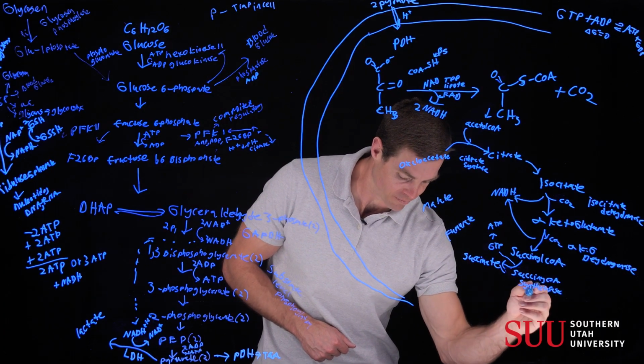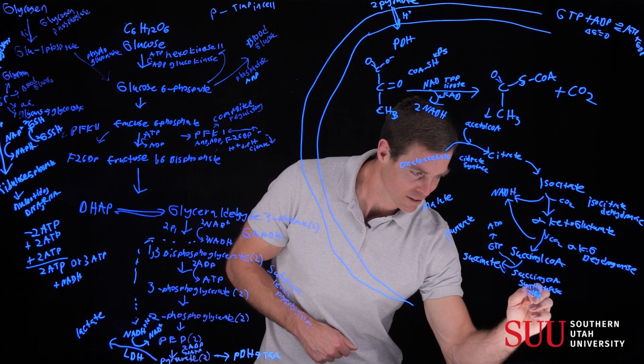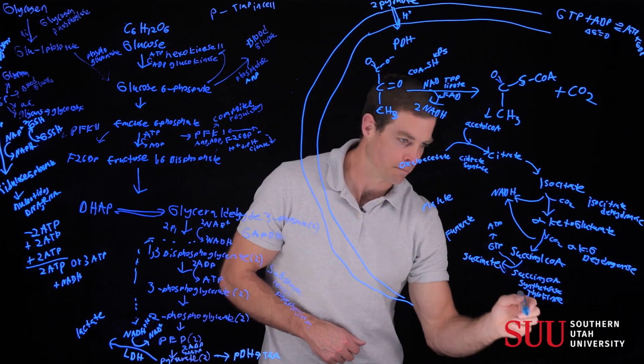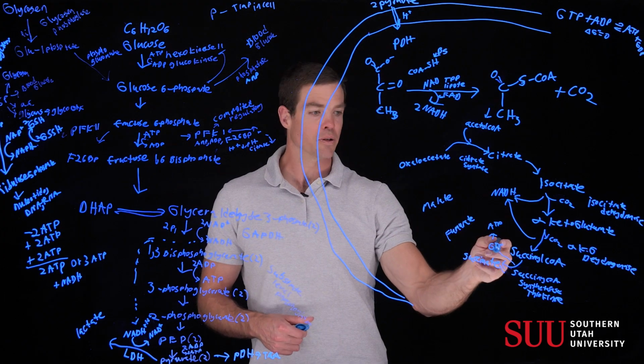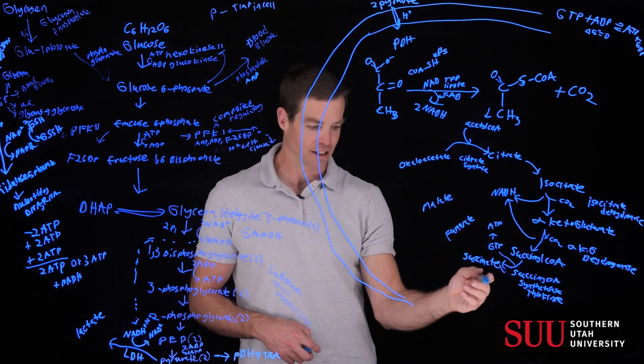Also, I guess another name for this is thiokinase. But I like synthetase because, again, you're doing a substrate-level phosphorylation. You're making GTP. Okay, now we have succinate.